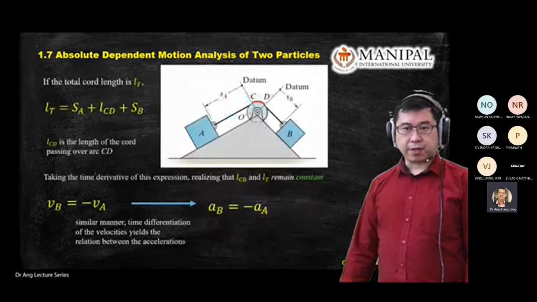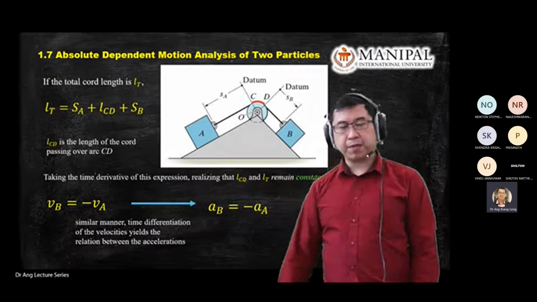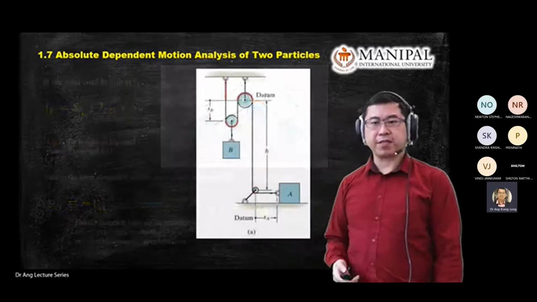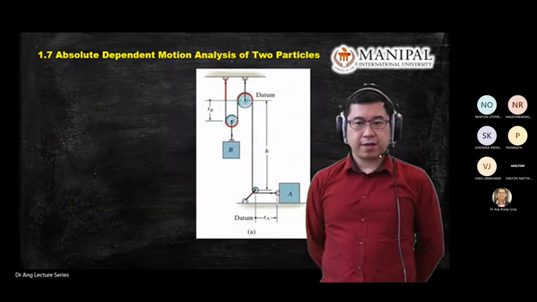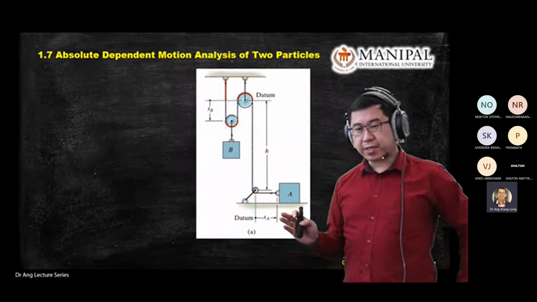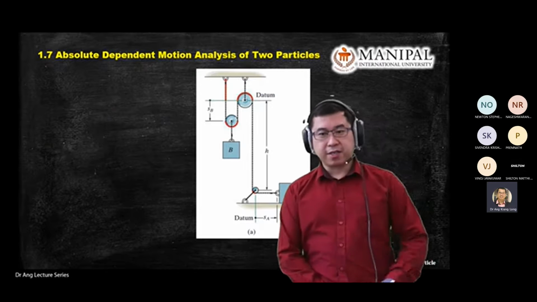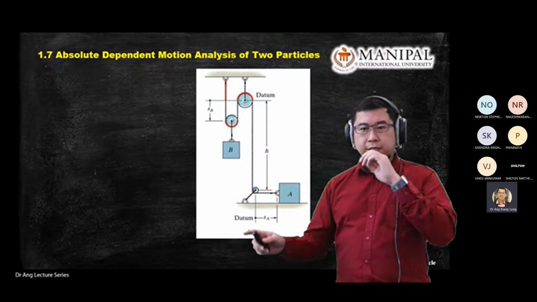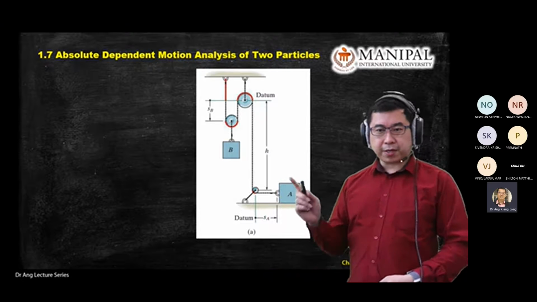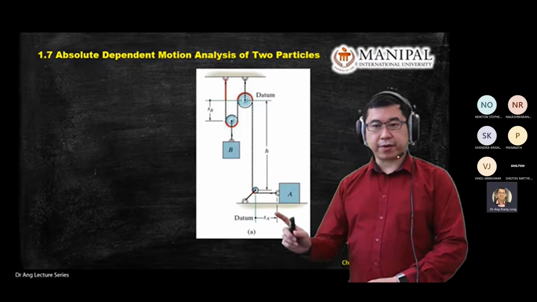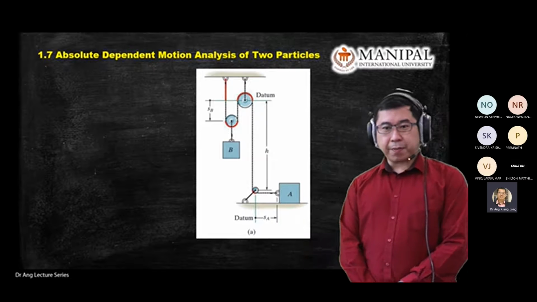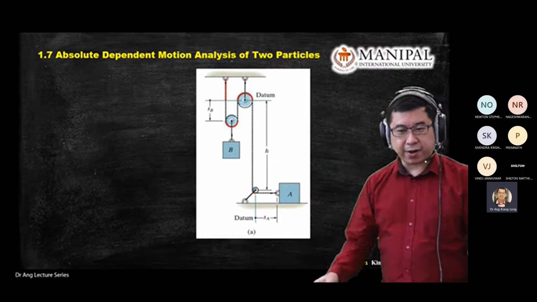Okay, if you understand this simple system, we move into a more complex system in this diagram. You can see it in your handout, the version that I uploaded this morning. The old version doesn't have this one, but in the new version that I just uploaded, you have this diagram. If you look at this diagram, don't be scared by it.